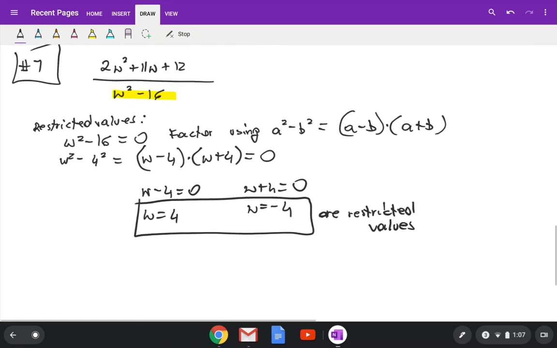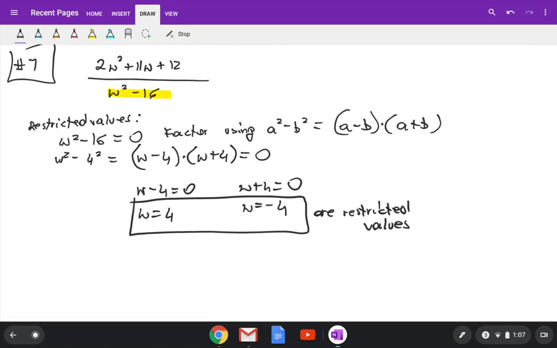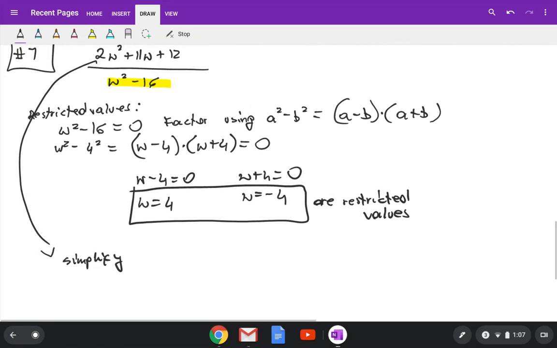Okay, and next, they want you to simplify. So we have the numerator, which is 2w squared plus 11w plus 12.